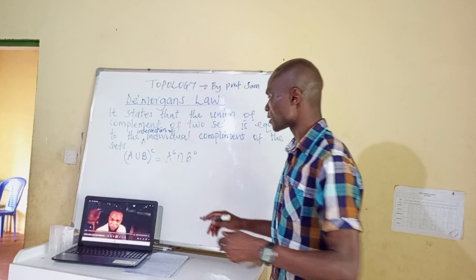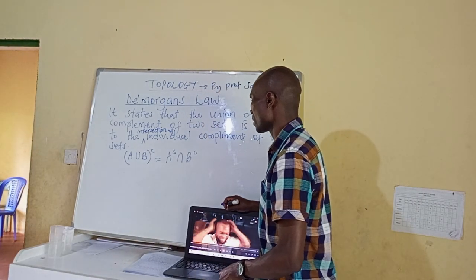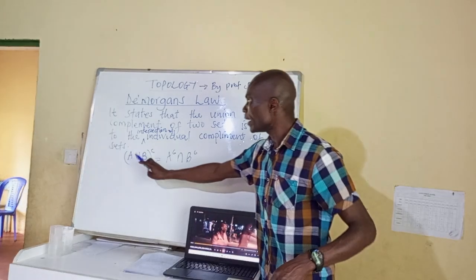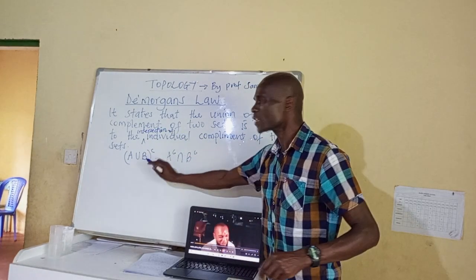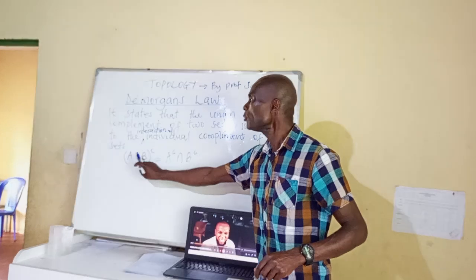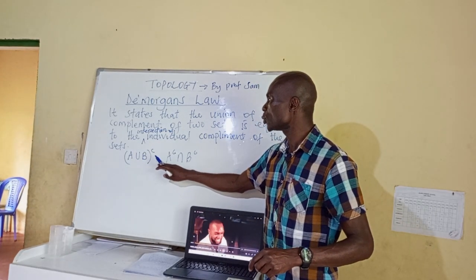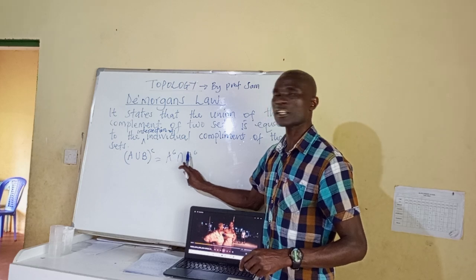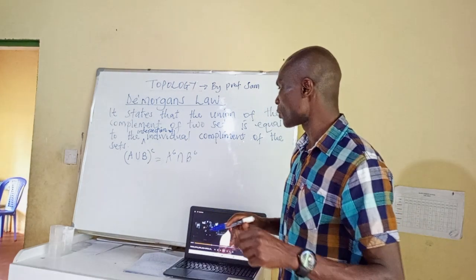How do we prove that? Very easy. The complement of two sets, when we get their union, is simply equivalent to the intersection of the individual complements. Now let's try to prove this.